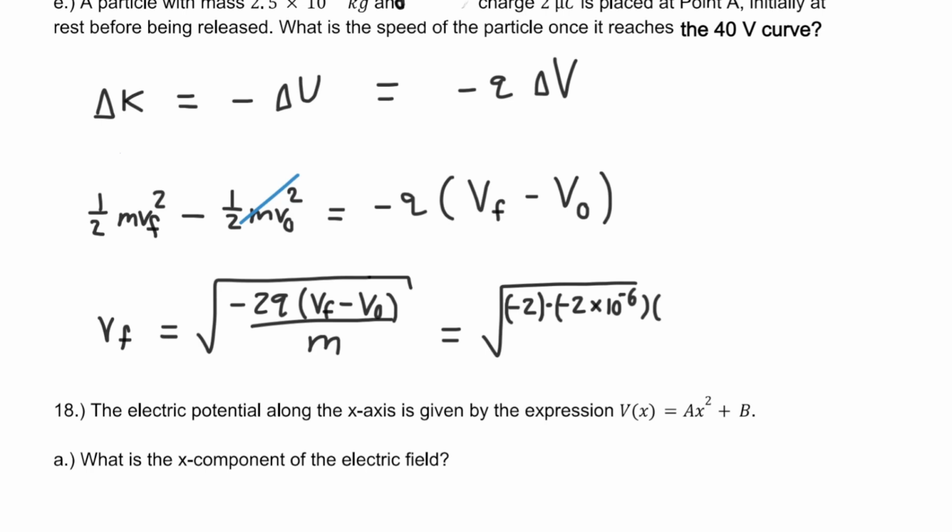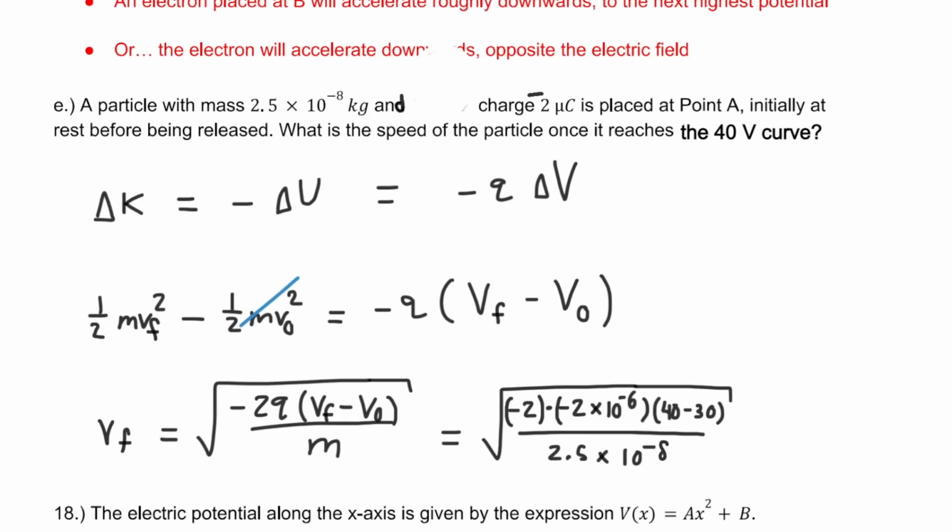So our voltage went from 30 to 40, so I would give myself a 40 minus 30 as my change in voltage. And then the mass of the charge was given to be 2.5 times 10 to the minus 8 kilograms. And remarkably, working this out, we actually get a whole number answer of 40 meters per second.